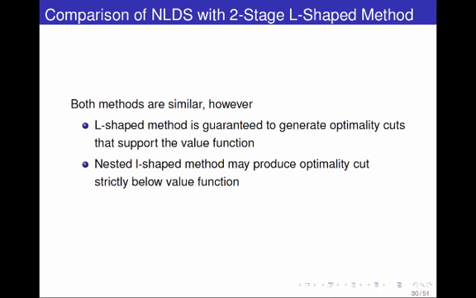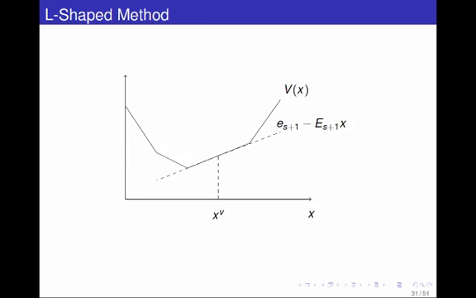Not so for the nested L-shaped method. The nested L-shaped method produces optimality cuts that underestimate the value function, so they do describe a lower bound. But it doesn't have to be the case that at the trial x that we are sitting in, the optimality cut is an exact support. It doesn't have to be equal to the value function.